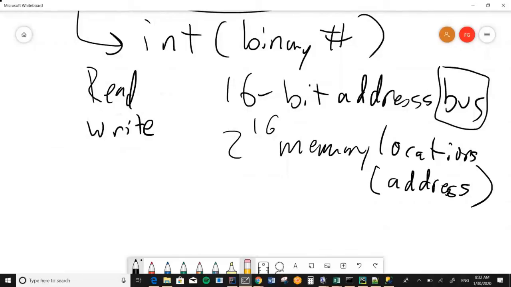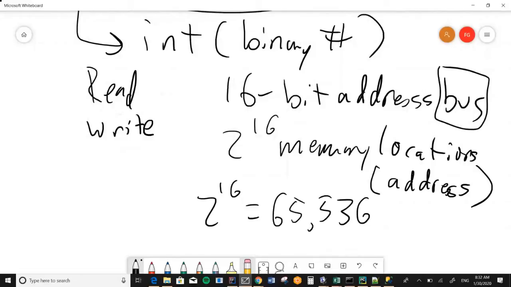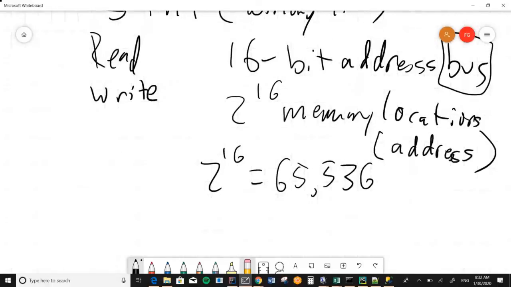Each of these locations is commonly called an address. Let's think about how this 16-bit address bus interacted with how the machine was marketed. 2 to the 16th power happens to be 65,536. And what's at each of these locations?